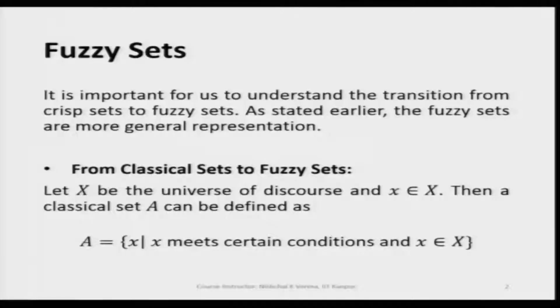A classical set is normally a collection of objects from the universe of discourse. Let capital X be the universe of discourse, and small x belongs to capital X, so small x is an element of the universe of discourse.